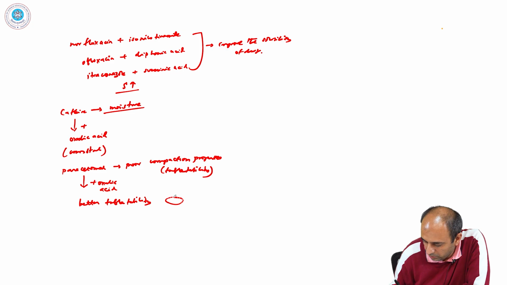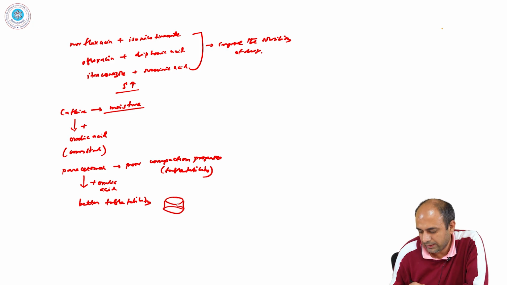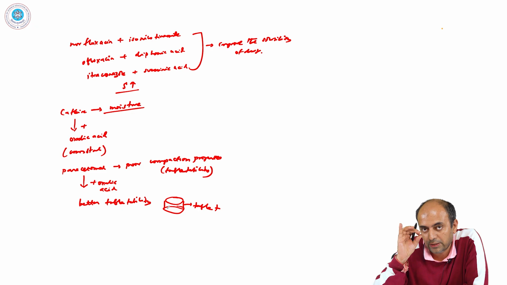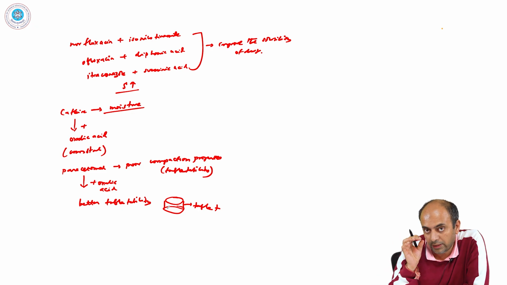So, you are able to make a nice tablet of this drug if you have the co-crystal form, and the pill quality is also better because of the nice flow characteristics. Paracetamol per se has got poor compaction properties. The tablet which is formed is not very uniform and stable, whereas it has got better tabletability with oxalic acid.